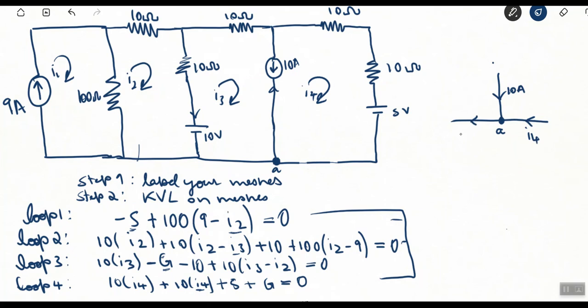And what's coming out is I3. So we can say that 10 amps plus I4 is I3. Alright, and that will be our 5th equation. So this is our equation 1, equation 2, equation 3, and equation 4.